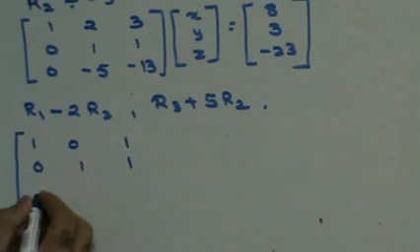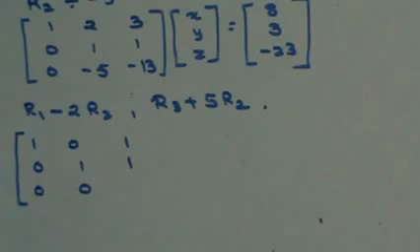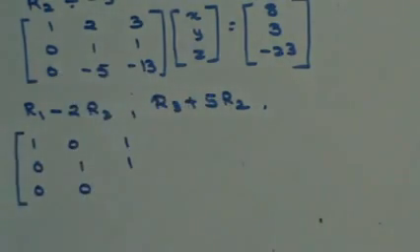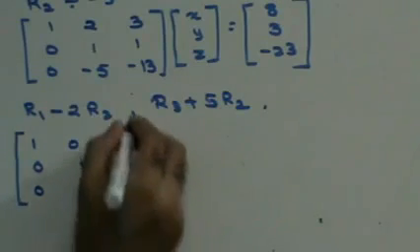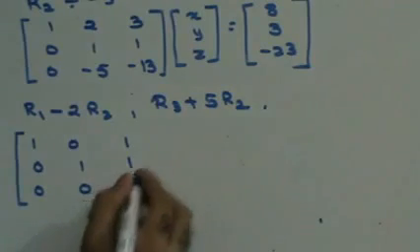Now R3 plus 5R2: 0 plus 0, minus 5 plus 5, 0, minus 13 plus 5, minus 8.